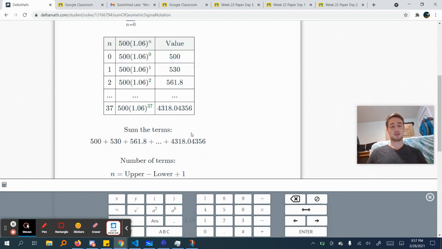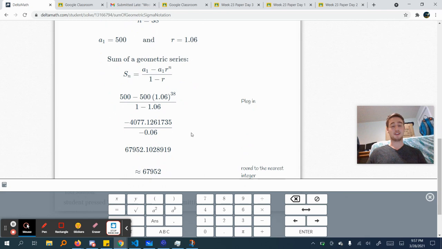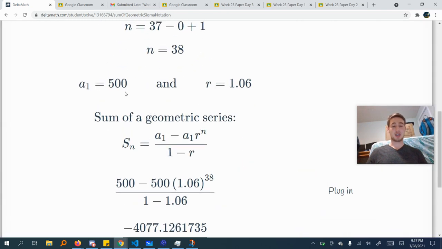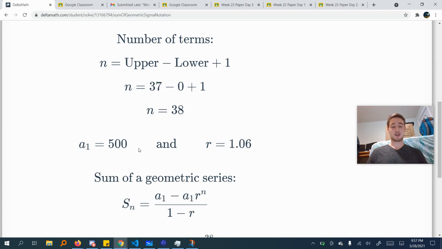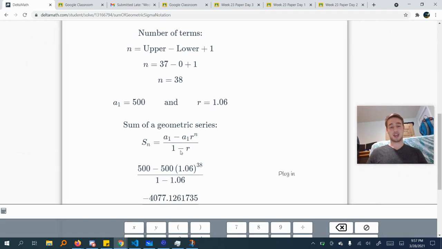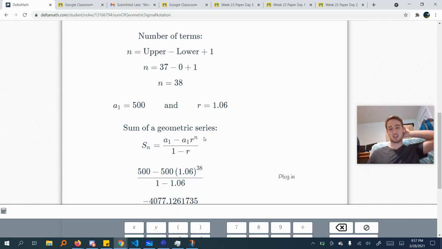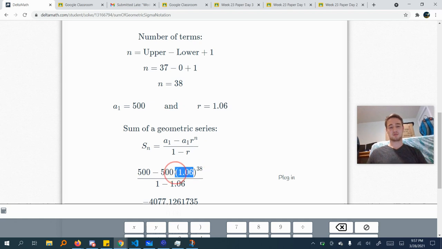This one is going to be, you take the first term, and then you are going to do that minus the first term, or sorry, a1 r to the n is actually the last term. So first term minus the last term divided by 1 minus the ratio. And in our case, that was 1.06.